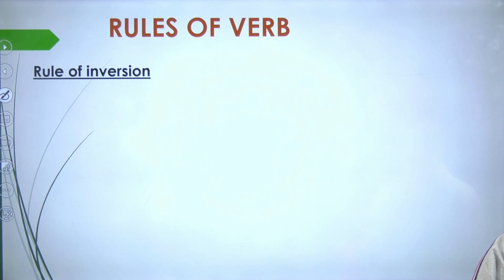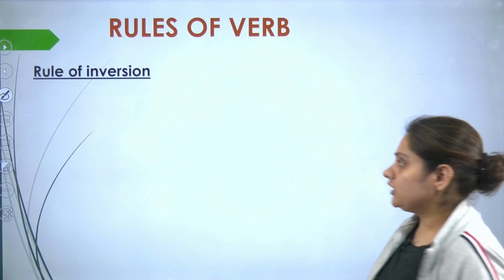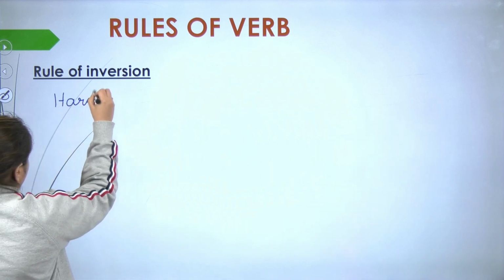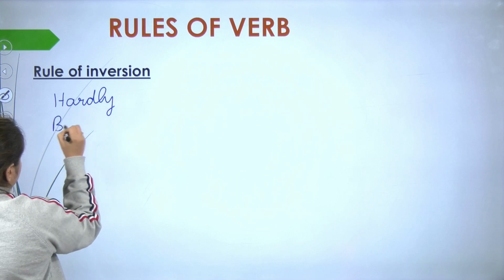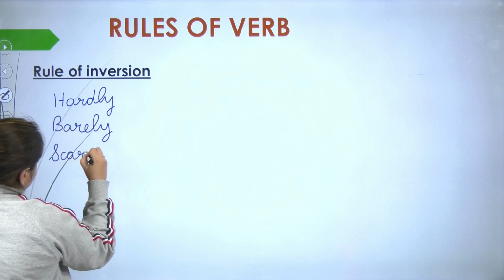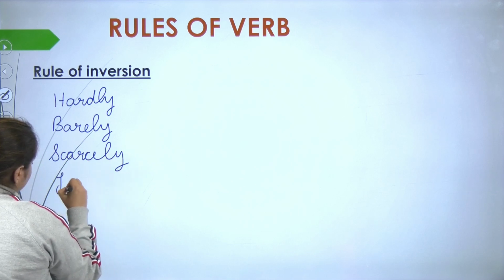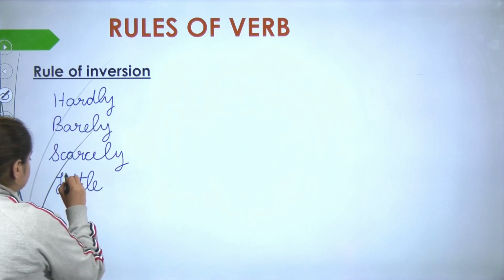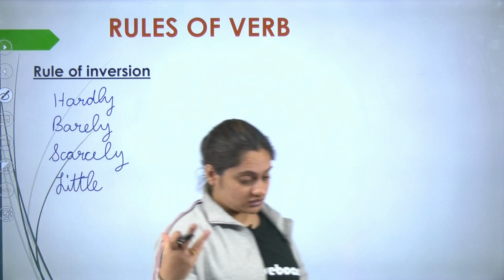I'll show you how. So guys, what happens is, inverse means inverting the normal order. When you have some negative words and your statement is starting with any of these: hardly, negative adverbs, barely, scarcely, all negative in meaning. "Little" is also close to zero, nothing. Like we did in the chapter on adjectives, we understood the meaning of little, right?